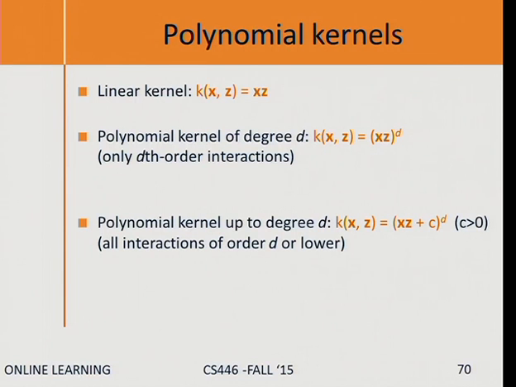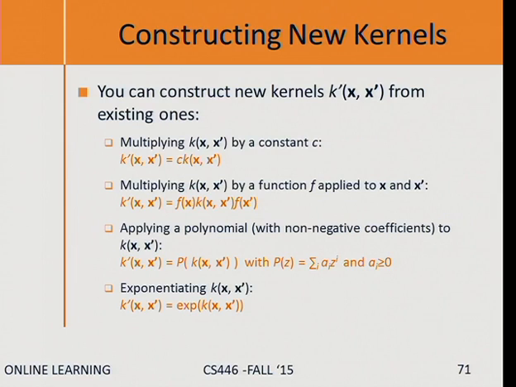If it so happens that this is how your data looks, so you're after a quadratic function, then you cannot learn it with a linear function. You will have to use some way of expanding your feature space. And this is a way of expanding the feature space. Okay, so these are two examples that we've seen before.